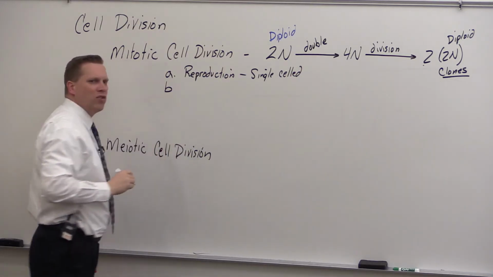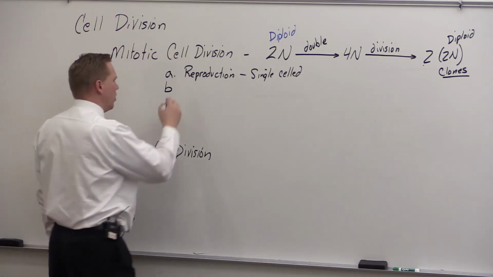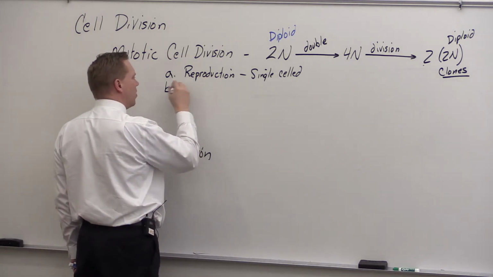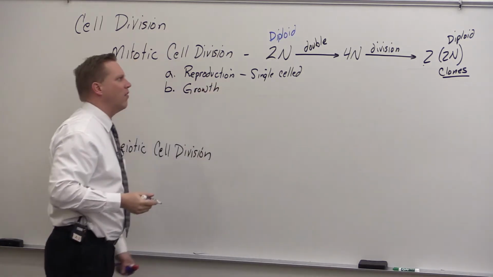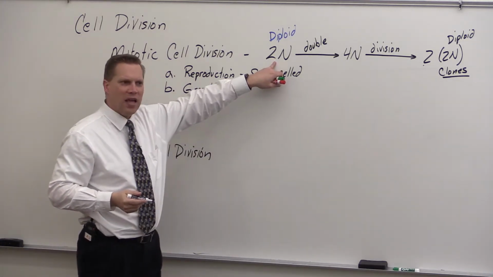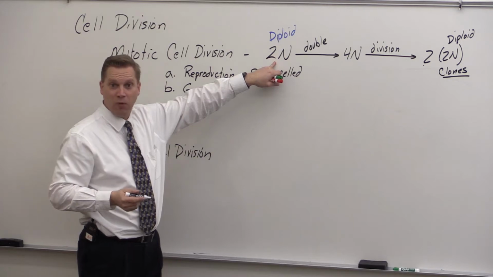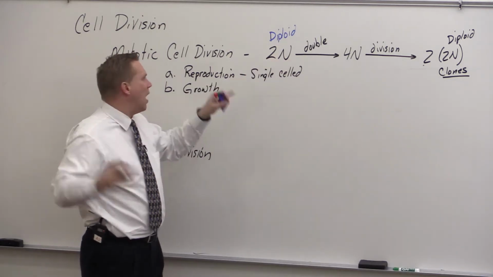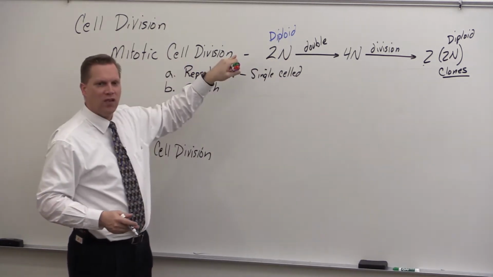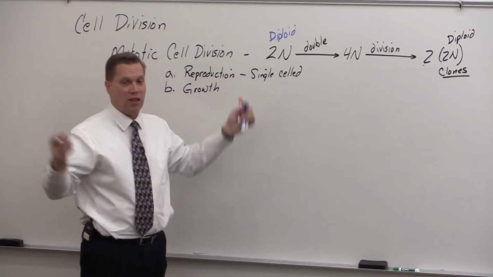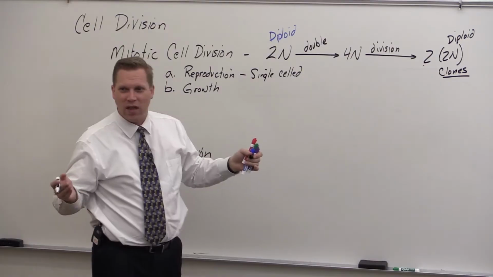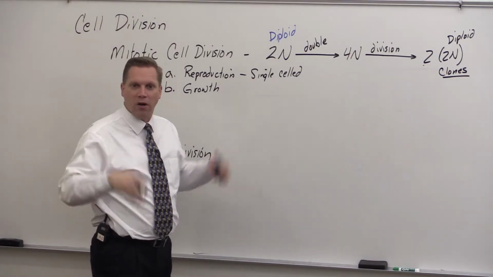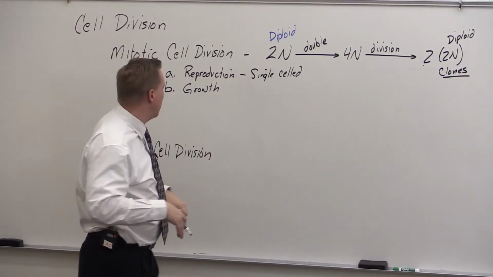You and I, as multicellular organisms, we are going to use mitotic cell division for growth. So each one of us starts as a fertilized egg. That's a diploid cell. And that egg divides by mitotic cell division in order to create the 65 trillion cells that make up our organism, that make up you.